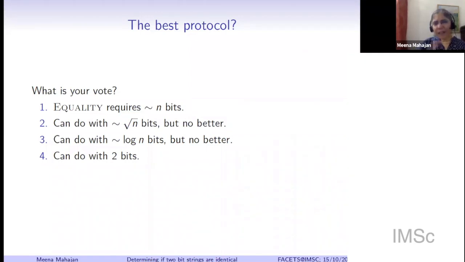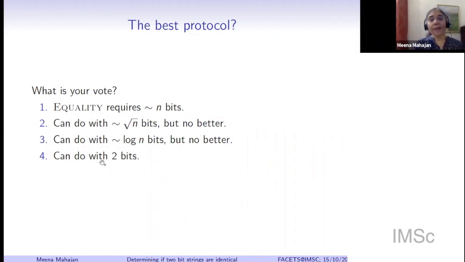Or do you think we can do with maybe something like square root N bits, but not much better than that? Or if you're really optimistic, you can even hope for log n bits. Even square root n is too large. Maybe log n bits is enough. I mean that this is sufficient and this is also necessary.